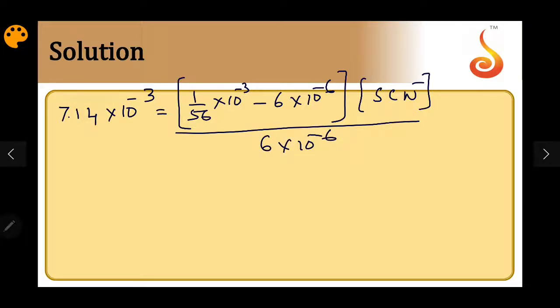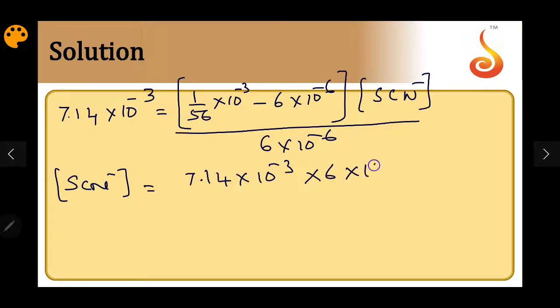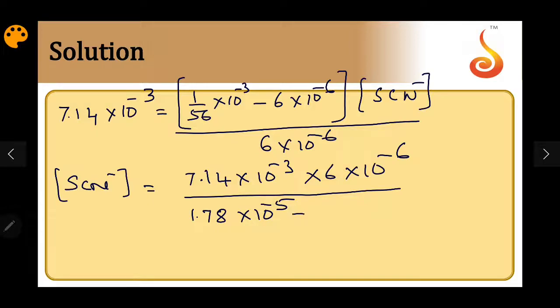So what is the SCN concentration equal to? I cross multiply: 7.14 into 10 power minus 3 into 6 into 10 power minus 6, whole divided by 1 by 56, which comes out as 1.78 into 10 power minus 5, minus.